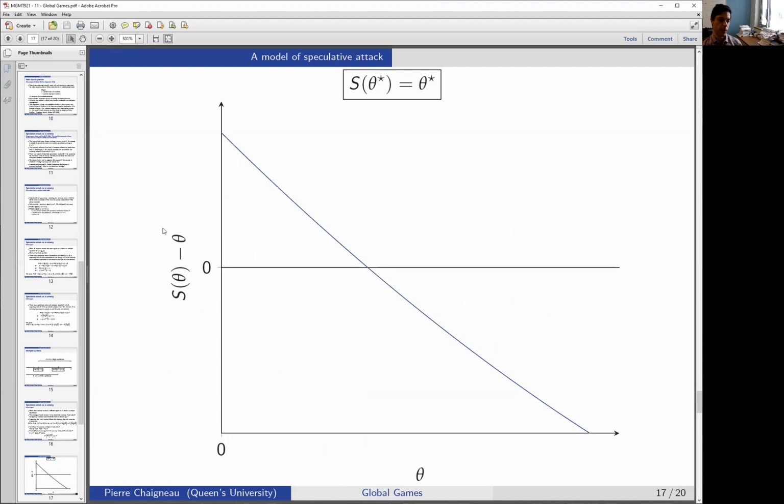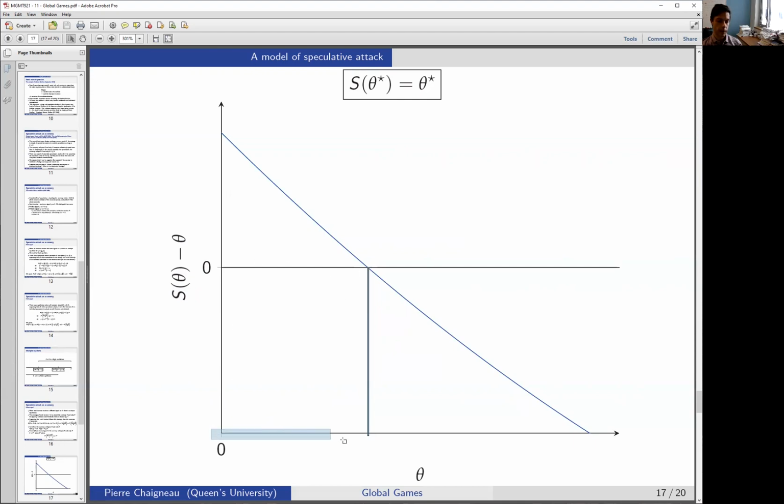Okay, so here you have the function S of theta minus theta. We don't exactly know what it looks like. It doesn't really matter. What really matters is that it is decreasing in theta. And so there's going to be a value theta star here, such that this function is positive whenever theta is less than theta star.